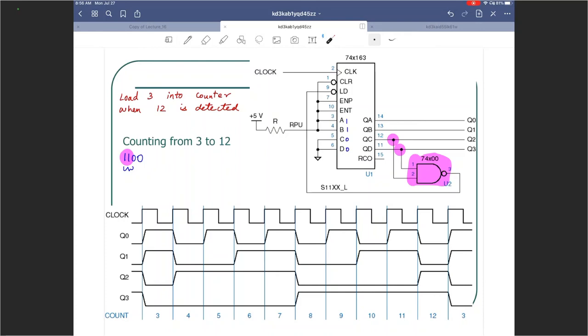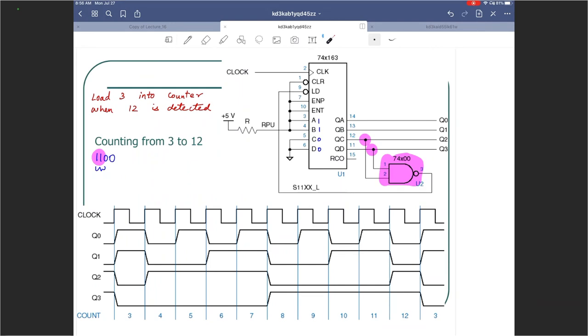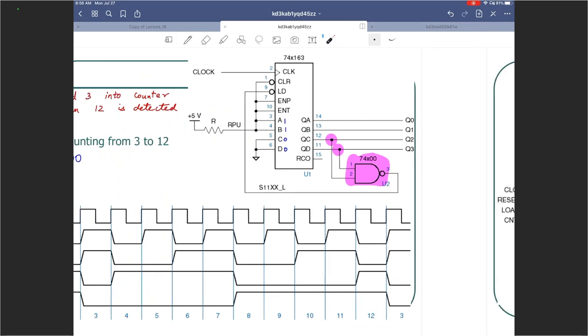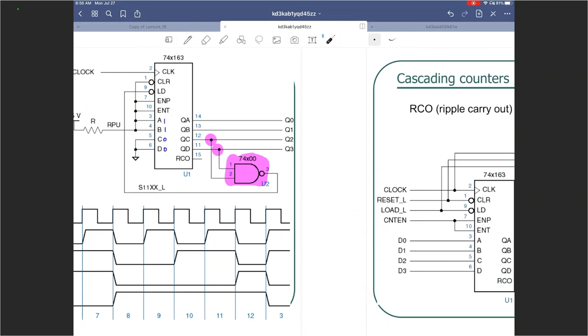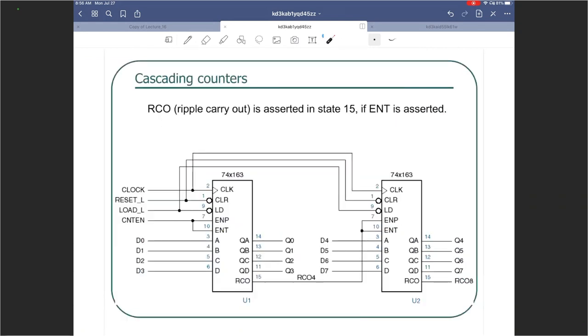All right. Now let's talk about cascading counters. If I can design a 4-bit counter using one 74X163 chip, I can design an 8-bit counter using two 74X163 chips.